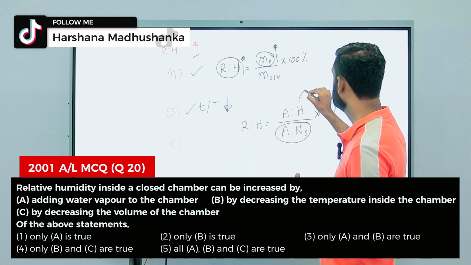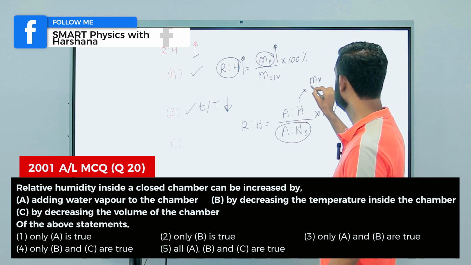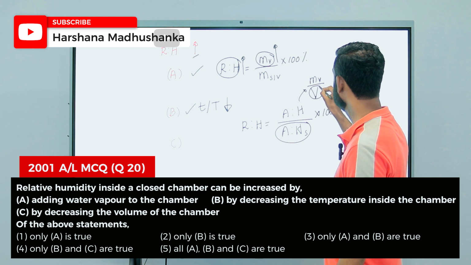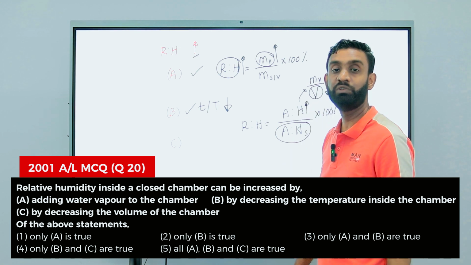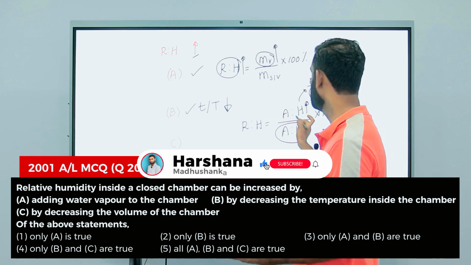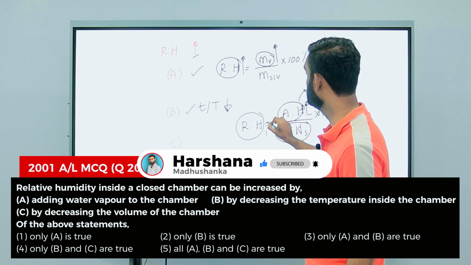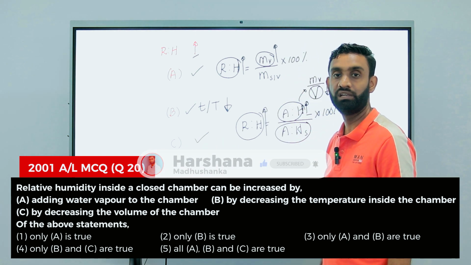But absolute humidity is vapor mass divided by the volume. When you decrease the volume, your absolute humidity goes up. As a result, relative humidity also goes up. So with this one, you can increase the relative humidity.